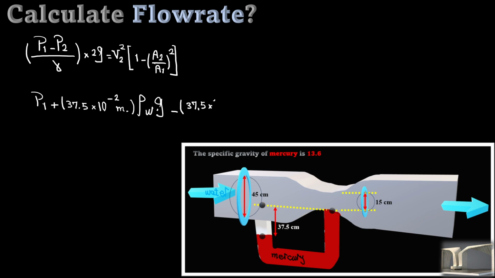Let's jump to that. If we start from point 1 and move down, the pressure increases by the amount of rho g h.